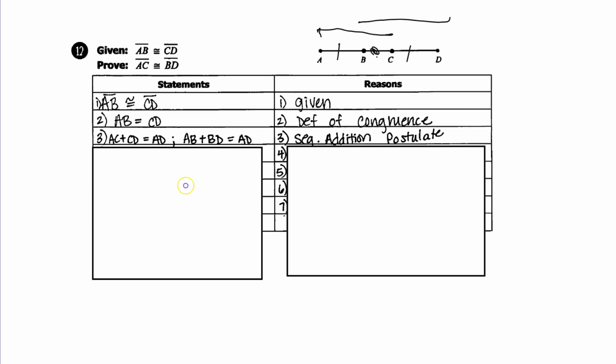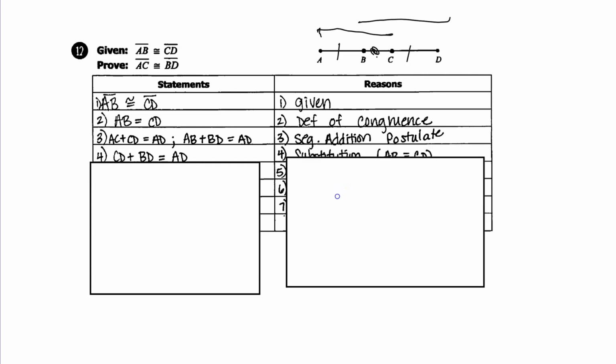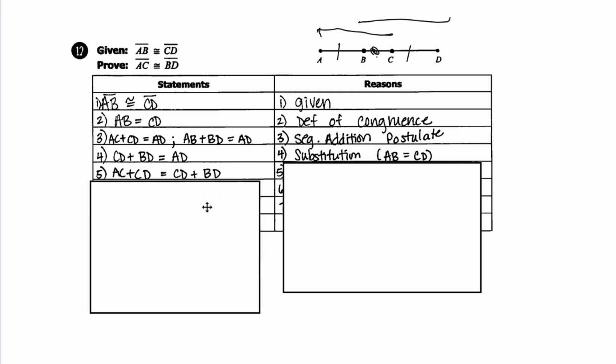All right, number 4, we have CD plus BD equals AD. That's going to be our substitution because we know that AB equals CD.